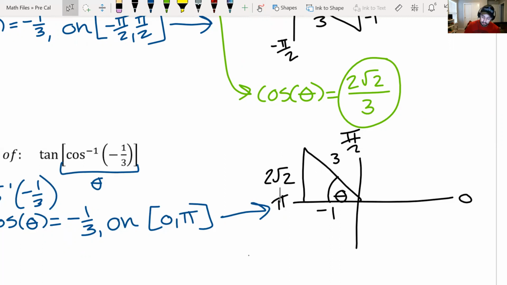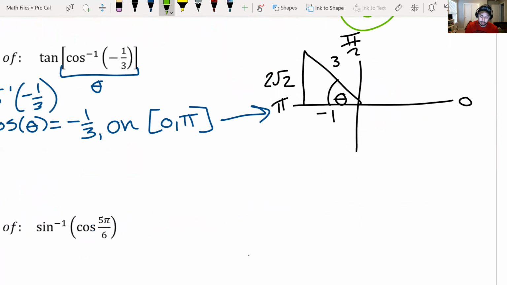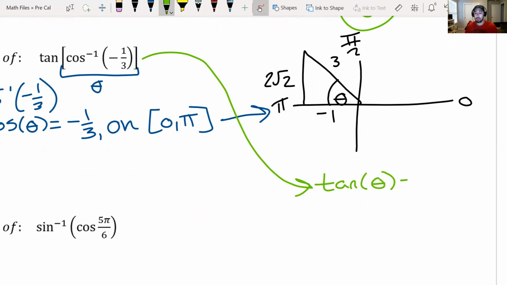Okay, now come back to our substitution. This now just becomes the tangent of theta. And remember, theta contains all this information in that right triangle.